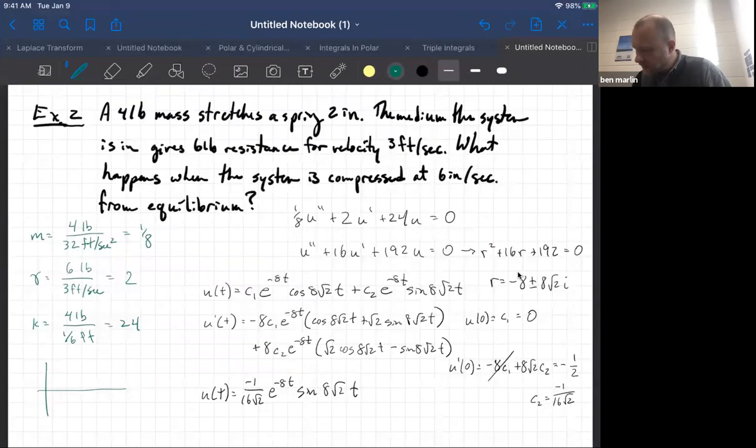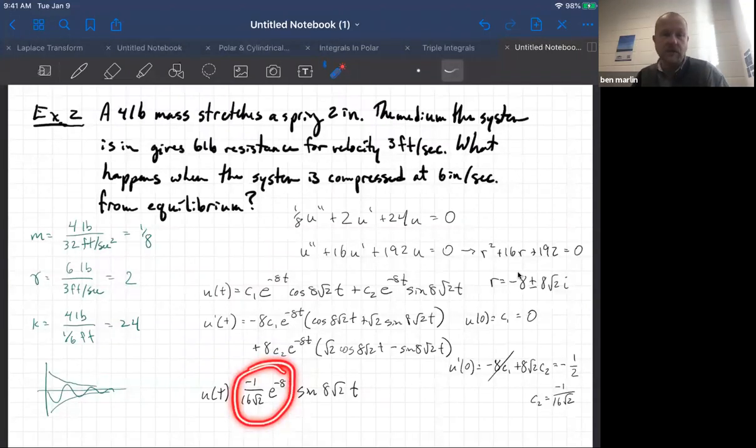Now, the one thing to note here is what happens to the solution over time. If I were to draw a quick sketch of what this is doing, it would be going between the plus and minus of this exponential here.